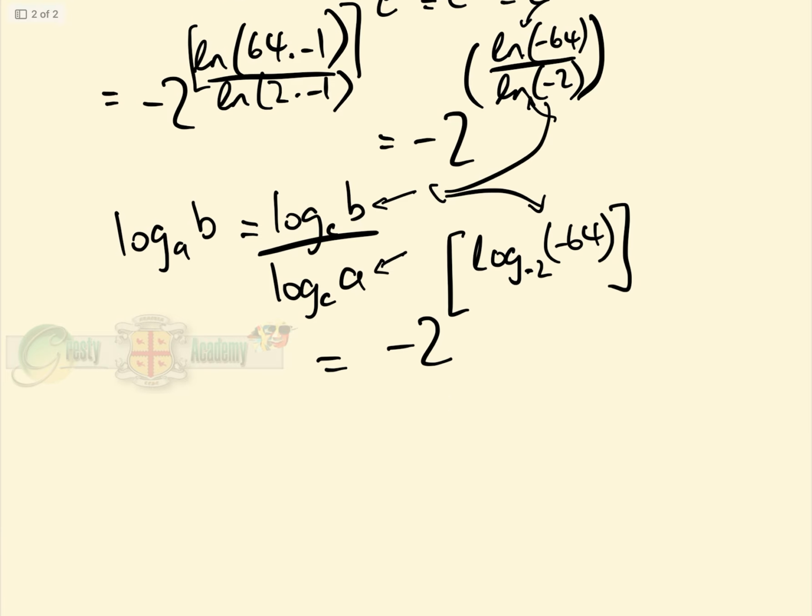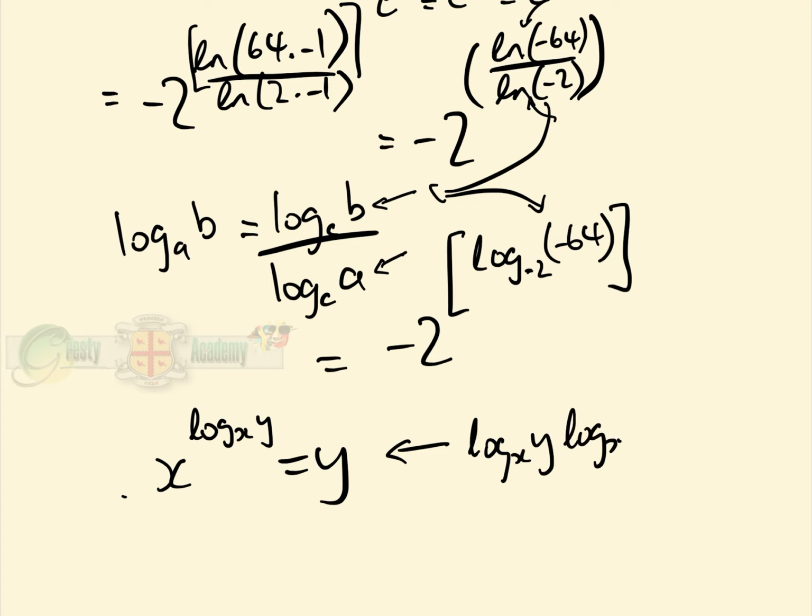Okay, now finally we can use another log rule, which is that x to the power of log to the base x of y just equals y for any x and y. And if you're not sure about that one, let's just take logs to the base x. Taking logs of this to the base x would give us log to the base x of y times log to the base x of x, which is clearly 1, equals log to the base x of y.